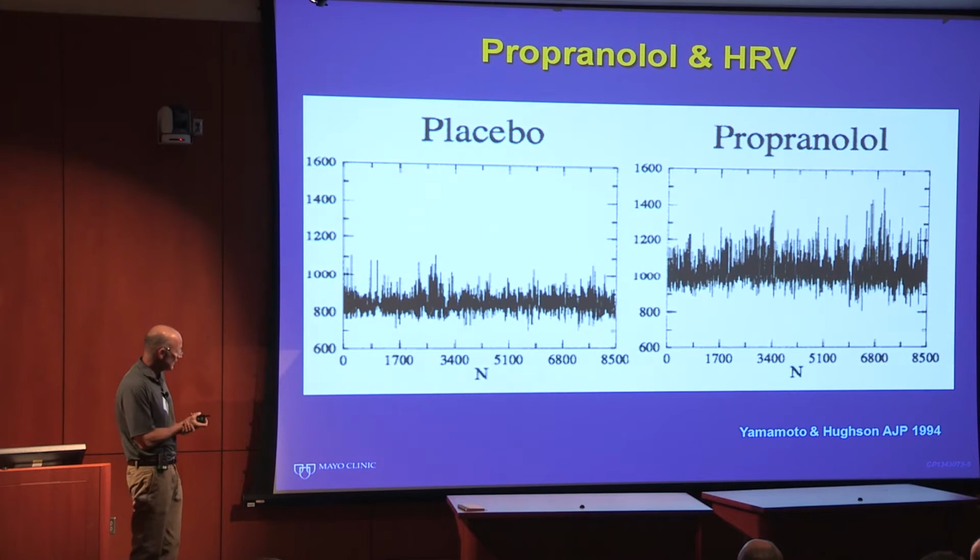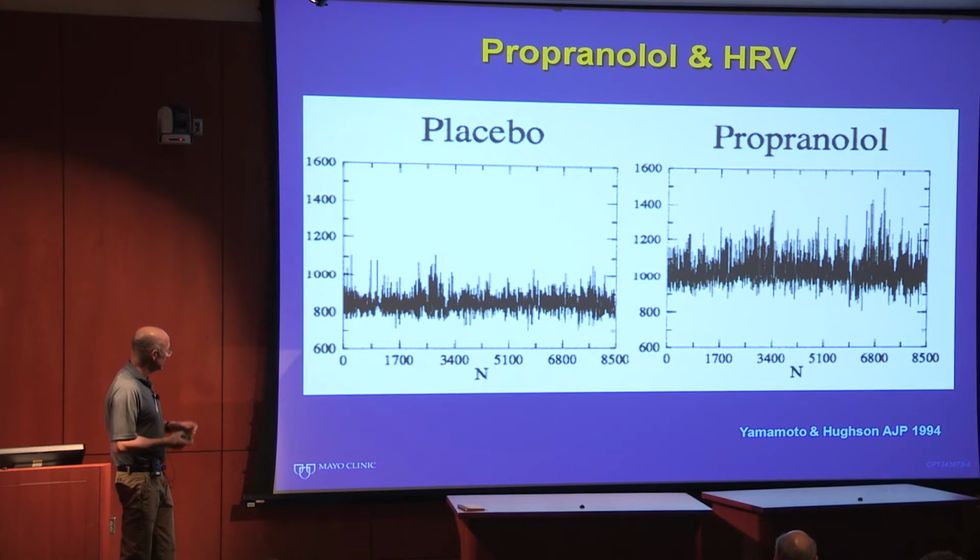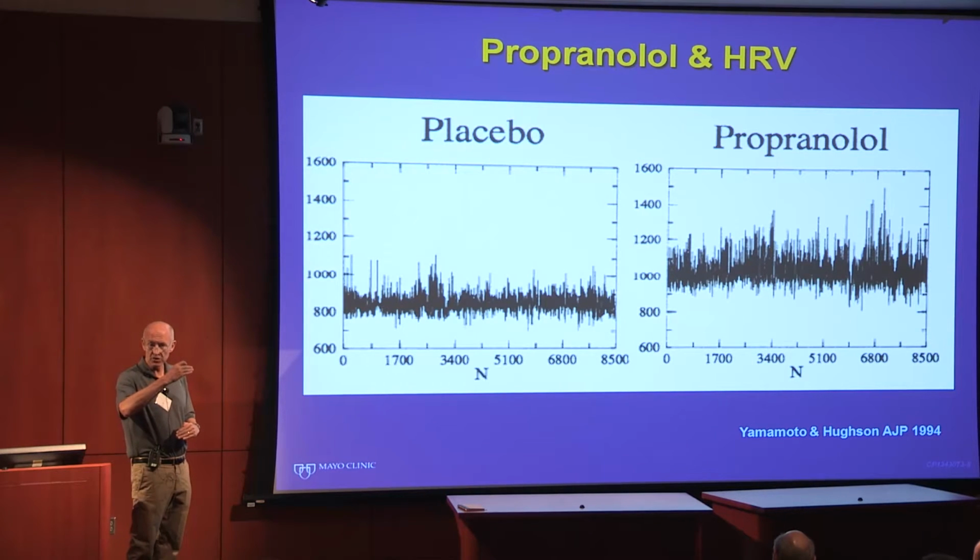This is data from the early 90s, Yamamoto and Rich Usen, and this is just R-R interval on the y-axis versus number of heartbeats, all the way up to 8,500 heartbeats on the x-axis. So as heart rate slows, R-R interval gets longer.